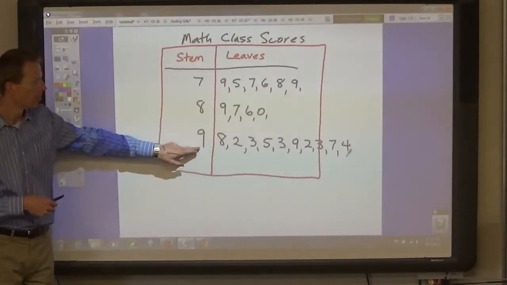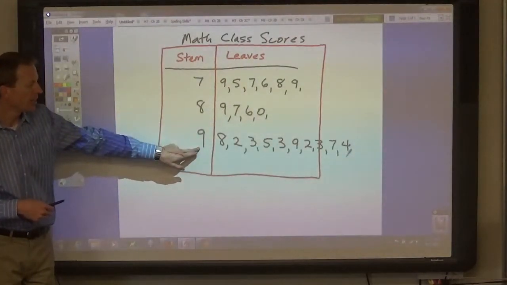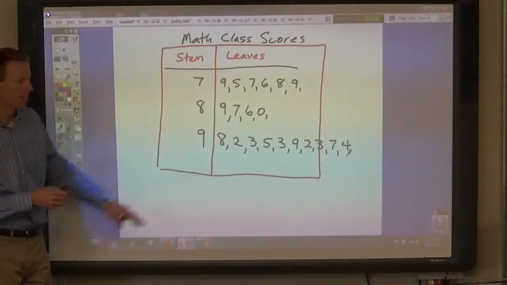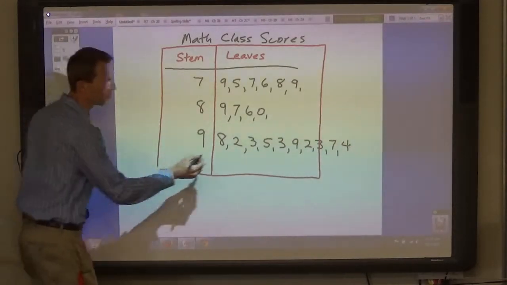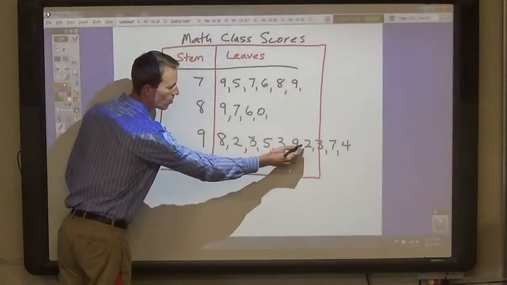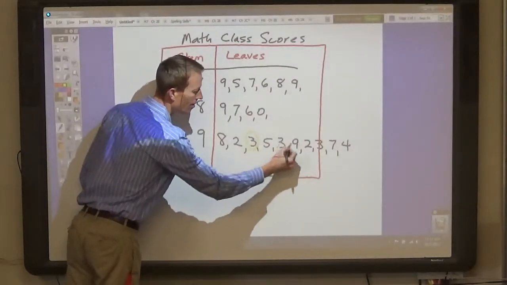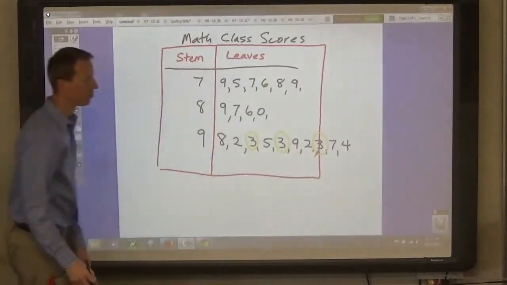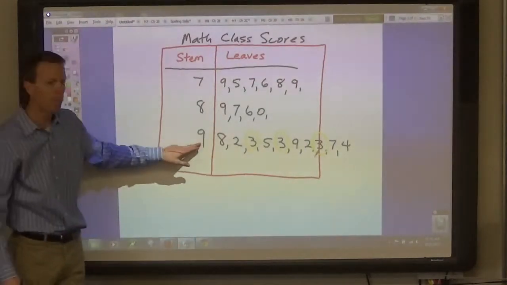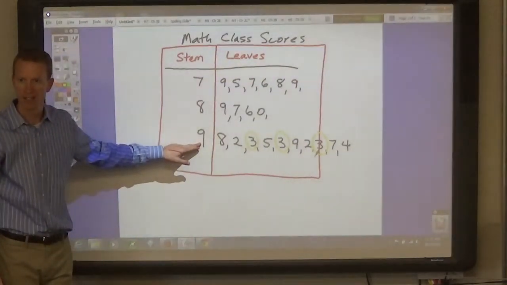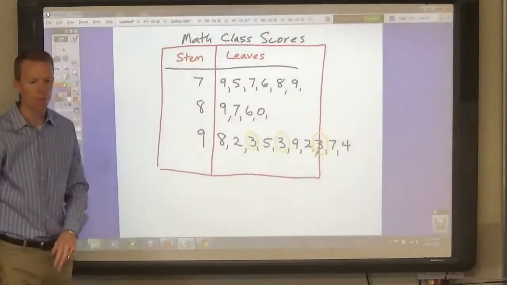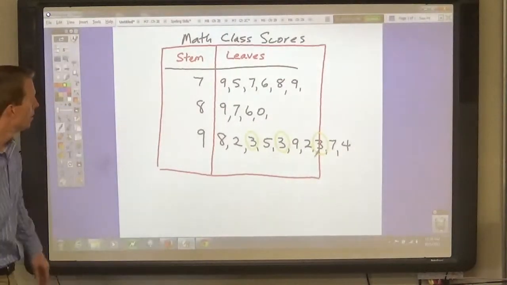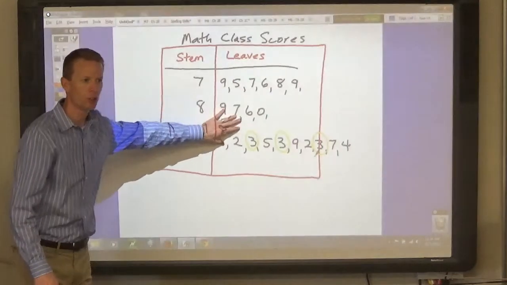No. Are there any 90s that are repeated? Which ones? Twos and how many threes are there? That one occurred the most often, didn't it? Yep. So that one's called the mode when it occurs the most often. That's why this is useful.